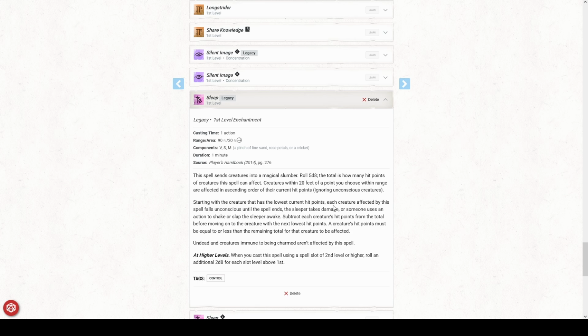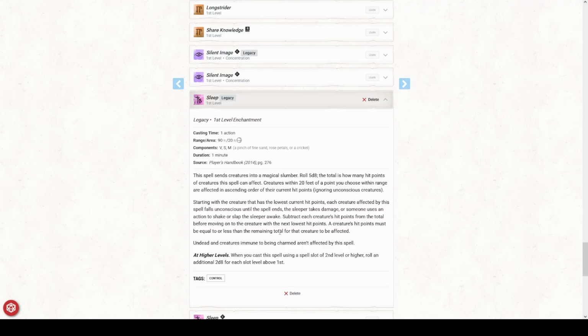If a sleeper takes damage, or someone uses an action to shake or slap them awake, it is made awake, and the spell ends for that creature. You subtract the total hit points from the pool that you rolled with the 5d8 before moving on to the next creature. And when you don't put a creature to sleep, the spell's over.